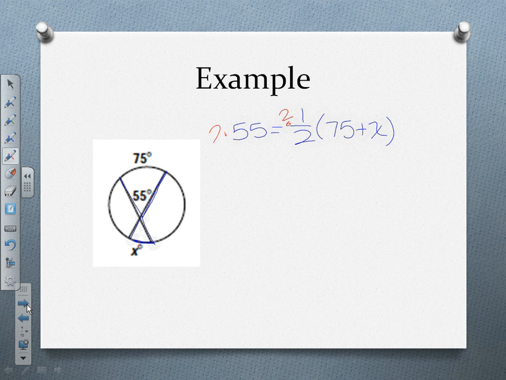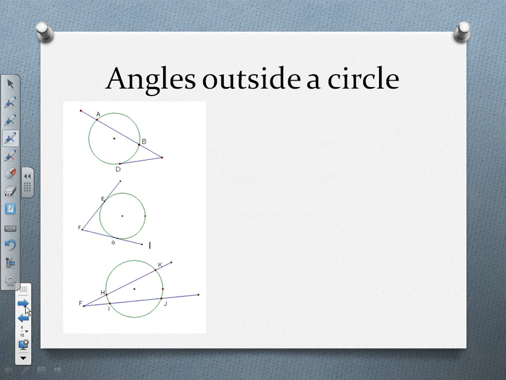Because if I multiply both sides by 2, I get rid of that fraction and I get 110 equal to 75 plus X. And then I just need to subtract 75 from both sides, and I've got X equal to 35. So X is 35 degrees. So we're just plugging into the formula in a different place and solving. You guys are pretty good at that.